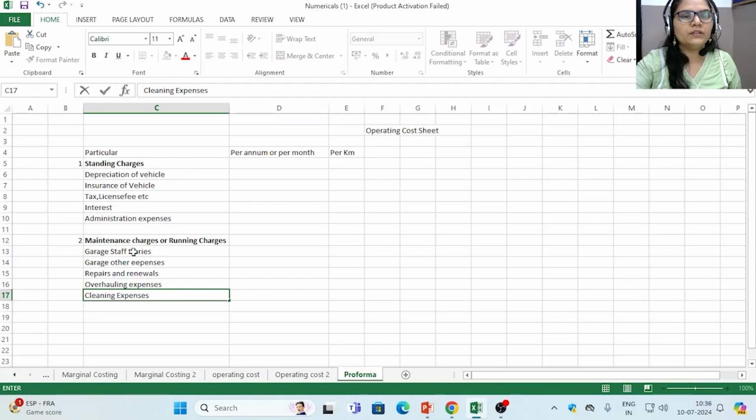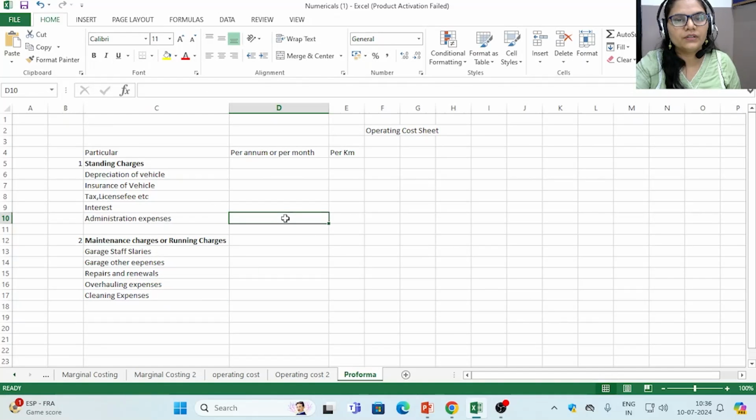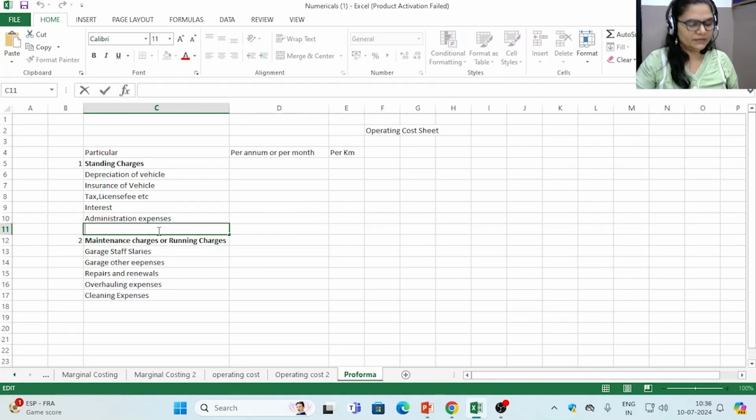These are all your expenses. You can also do a subtotal of it. A column has to be prepared for subtotal.